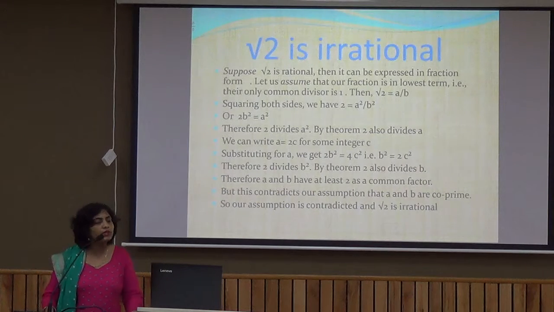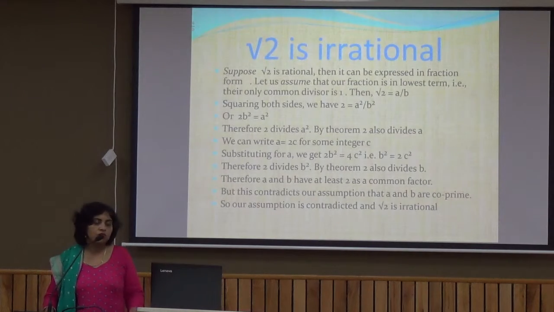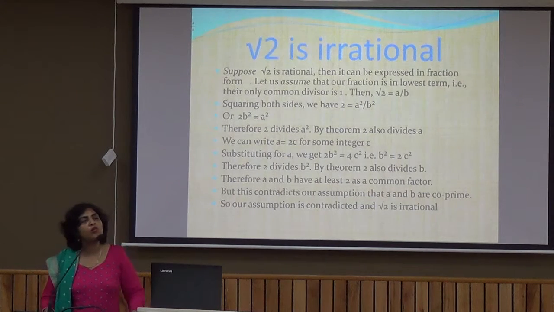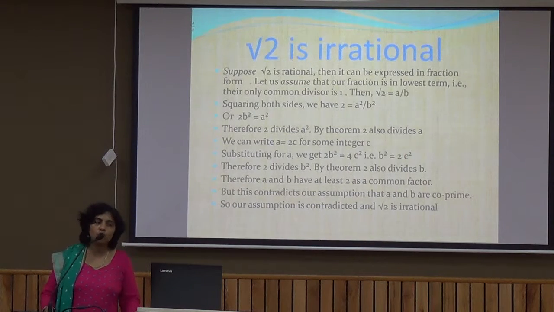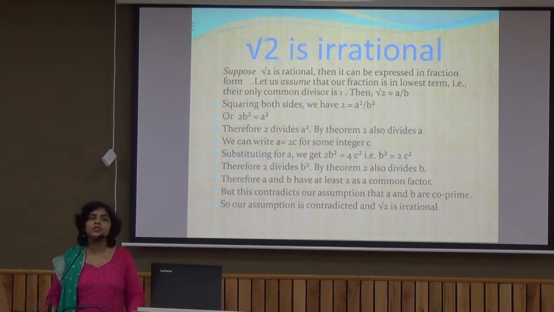Now substituting this value A is equal to 2C in our previous equation, we get 2B square as 4C square. Being 2 common on both the sides, we divide the whole equation by 2 to get B square is equal to 2C square. Now this equation tells that 2 divides B square.